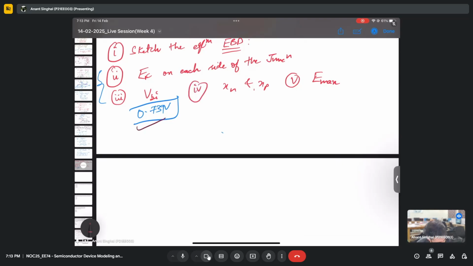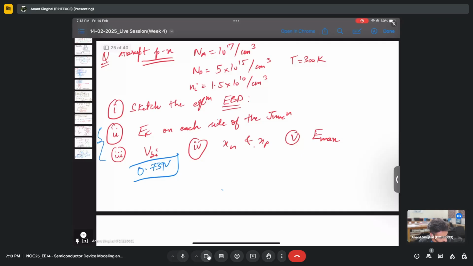It is 0.739 only. So EF on each side can be calculated by again the same. EI minus EFP will be q phi p, which we already established. It is nothing but KT by q ln Na by Ni.